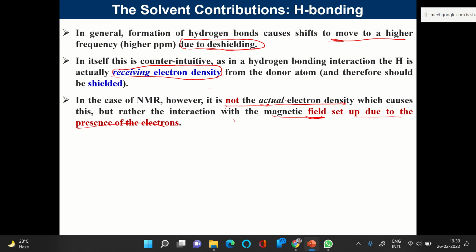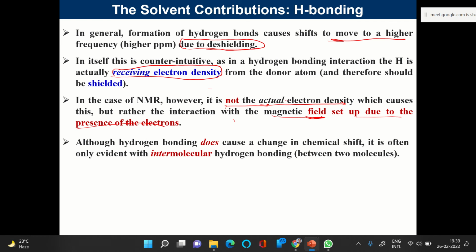That is, it will experience an overall greater magnetic field as compared to the reference, and so it will come into resonance at a lower value of applied magnetic field. So it is in this context that we talk about de-shielding due to hydrogen bonding.